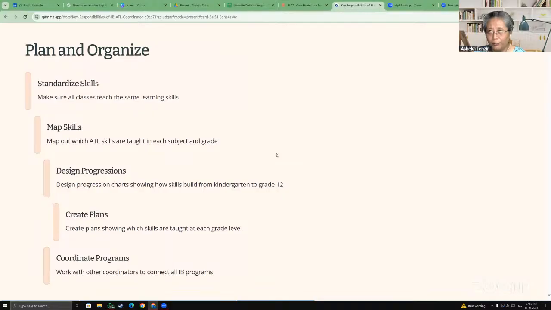The very first important thing I feel that you need to do as a school is to first design your progression of skills. How will the skills look from KG to grade 12? So if it is communication skill, the first skill of communication skill is give and receive feedback. Then how will this skill look in KG?